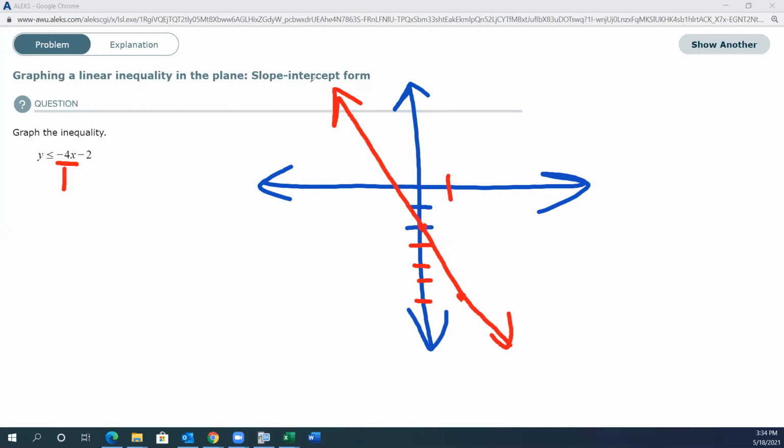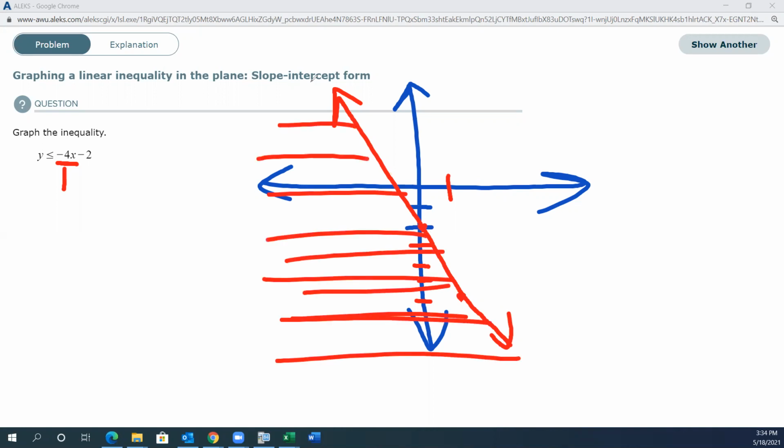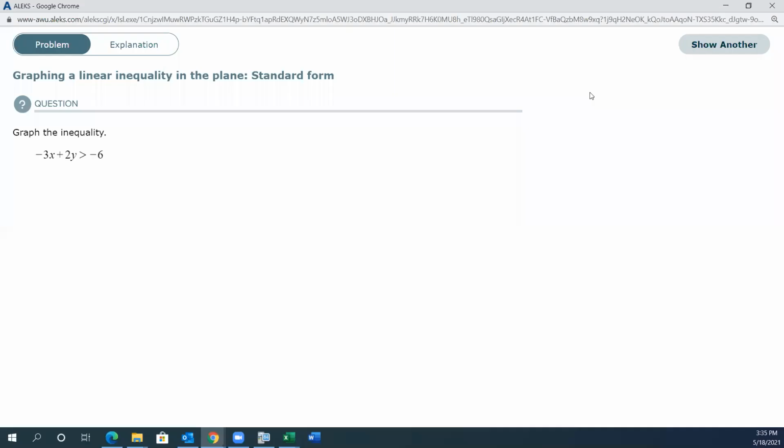And the less than sign says we're interested in points that are less than that line, so everything below the line is a solution. Just like in the last topic, if you pick some point in the shaded region and plug it into this inequality, it's going to give you a true statement. And that's how we do it.